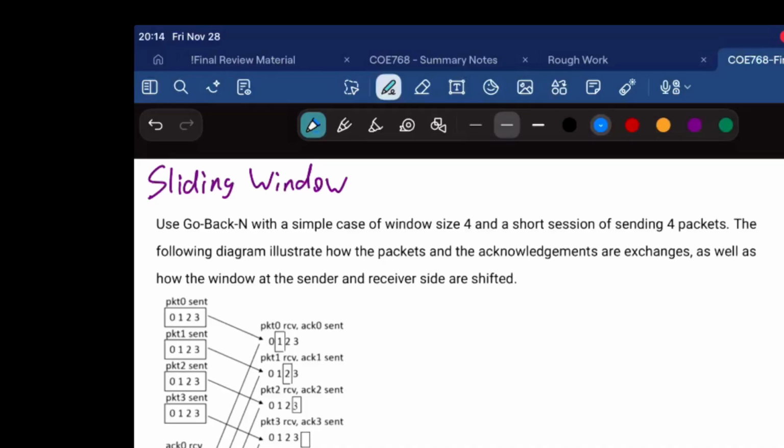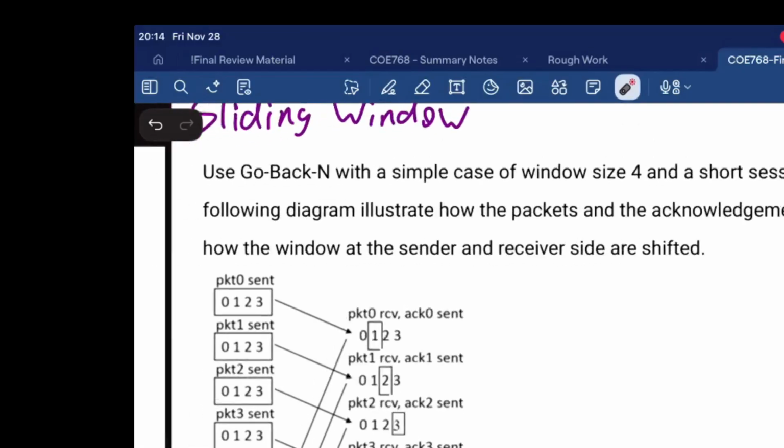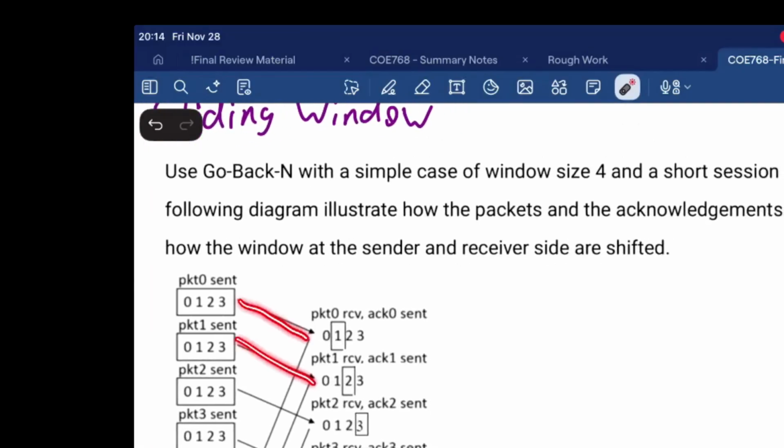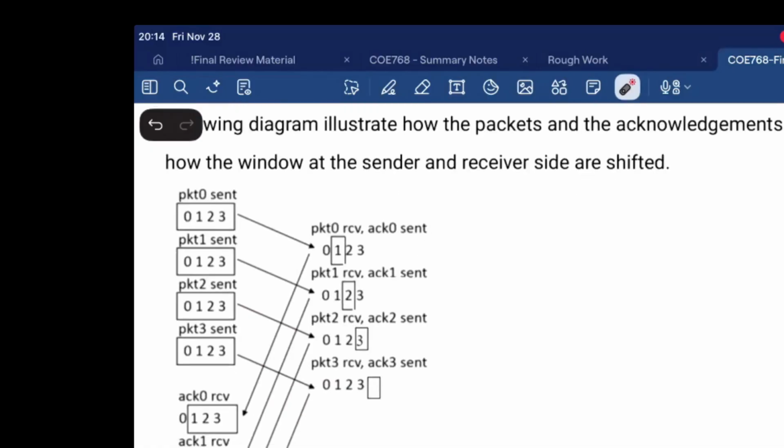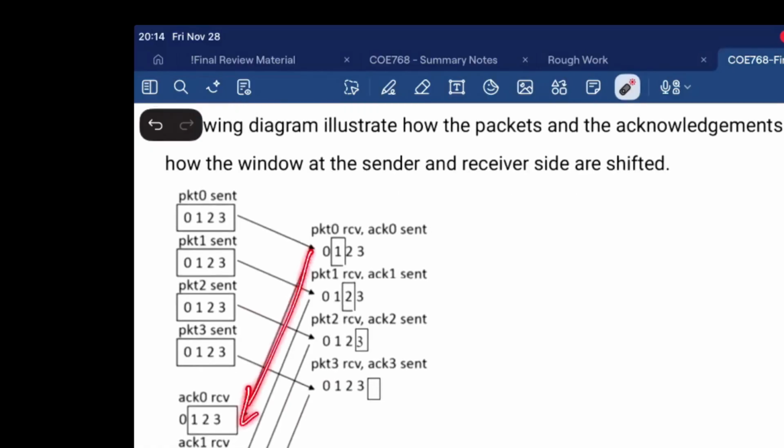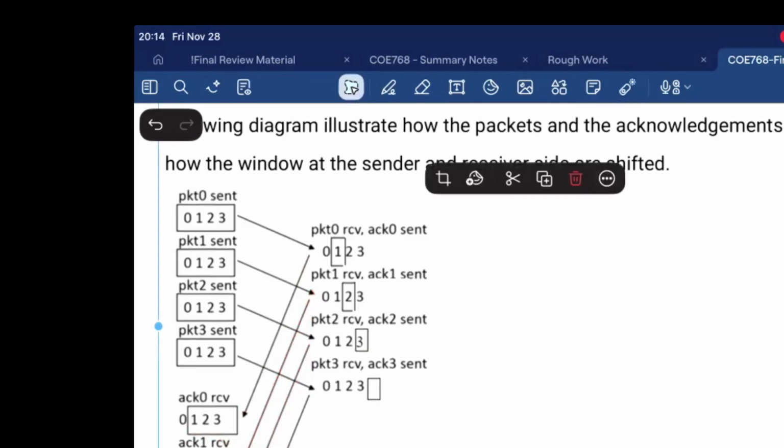When a packet needs to get sent, you keep sending packets until you're within that single window that you are allowed to send in. And once you start receiving packets, the window itself will move down to show that you have received the acknowledgement of the previous packet being received.